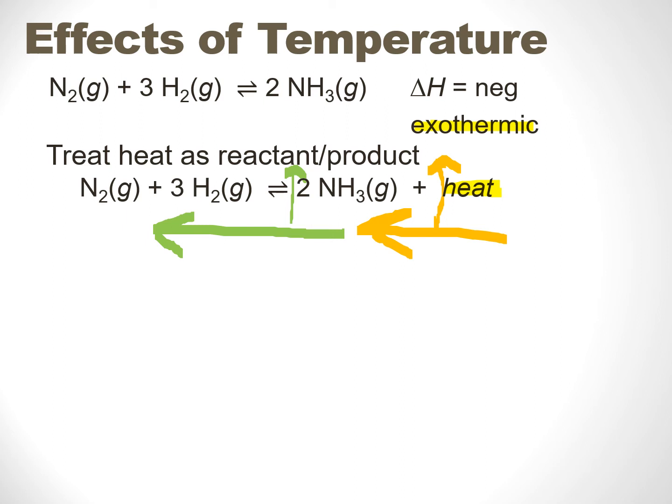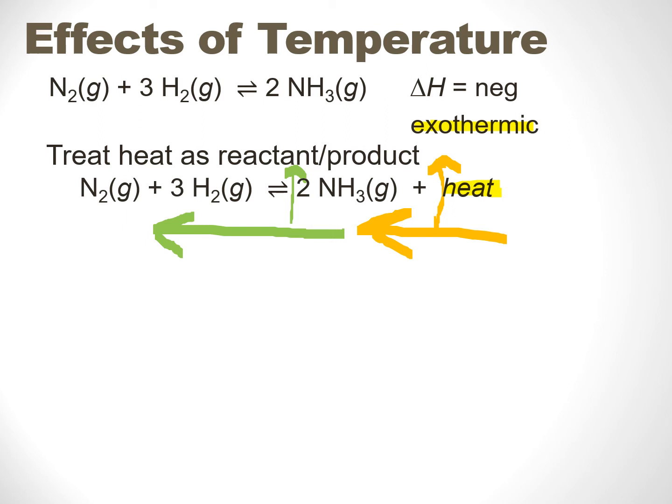Although this explanation works, and in terms of answering questions you're going to be fine, if one wants to be rigorous, it's a little bit more complicated. Every other thing we have considered, changing the concentration of the reactants or products, changing the pressure, changing the volume, none of those manipulations changed the value of the equilibrium constant.